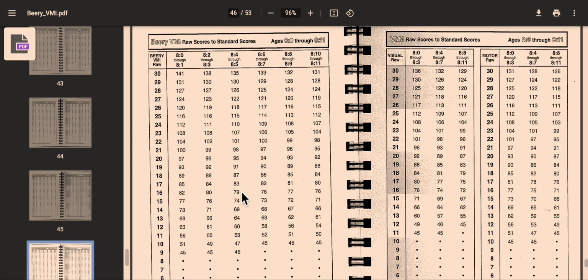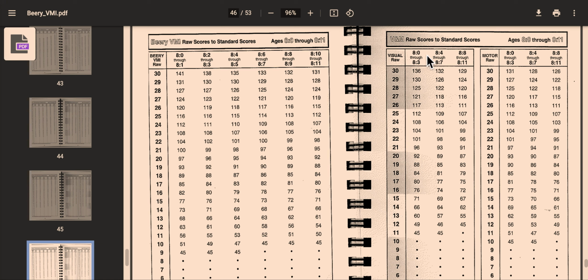And if my student scored 15 points on the Beery VMI form, I'm going to look, okay, their raw score was 15 points. That means they are at a 74 on the standard score. Then I'm going to look at the visual perceptual portion. And they scored 18 points on the visual perceptual portion.